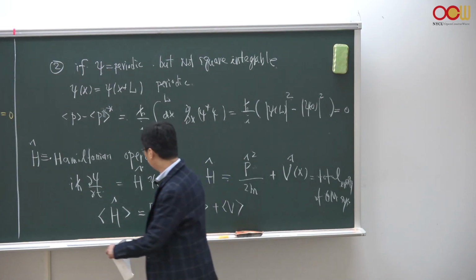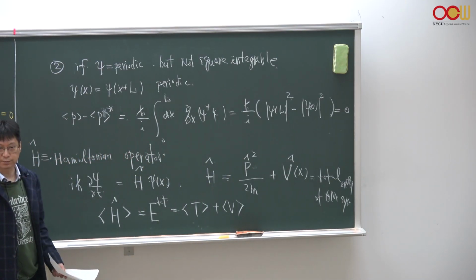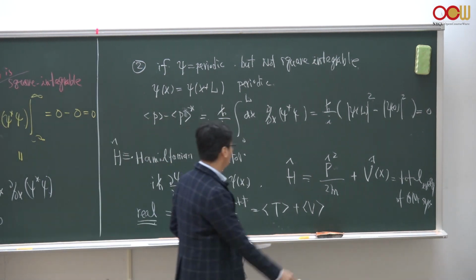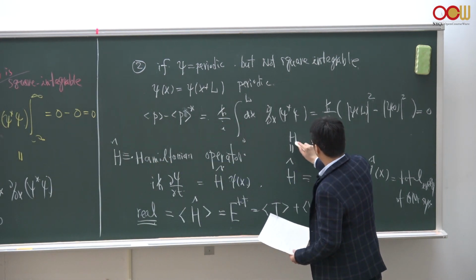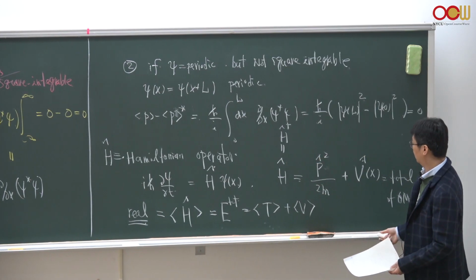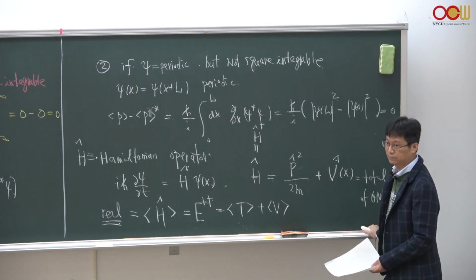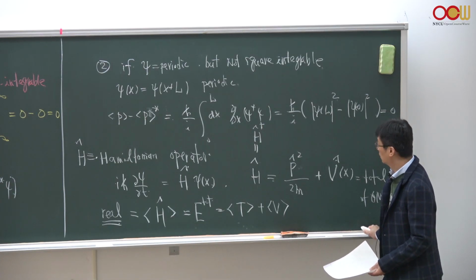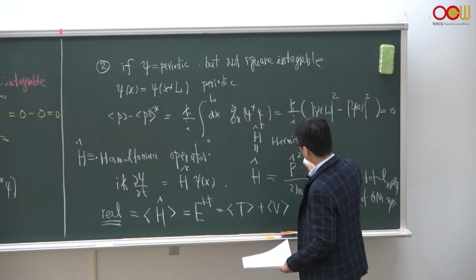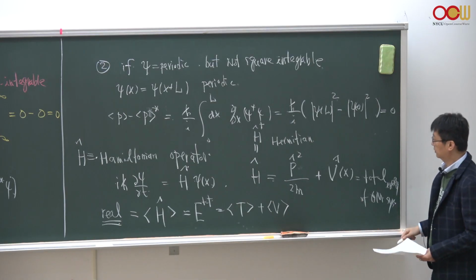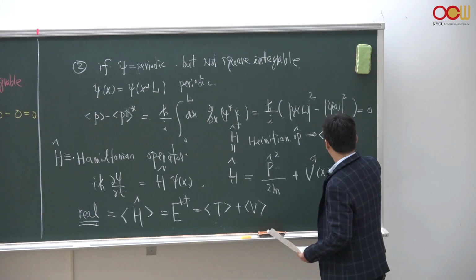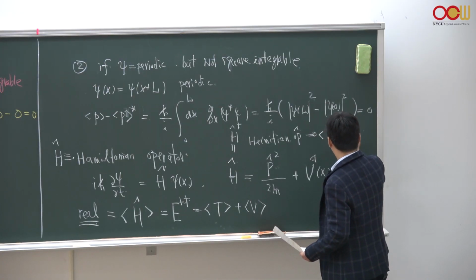As a result, this Hamiltonian operator must be so-called Hermitian. We will define the Hermitian operator later, but this just tells you that if you take the Hermitian conjugate of this operator, you get the same operator, and if you find this property, we call it Hermitian. For a Hermitian operator, the expectation value should always be real.